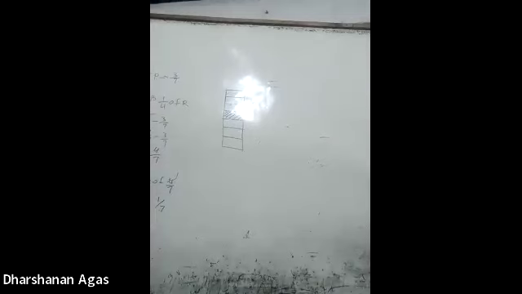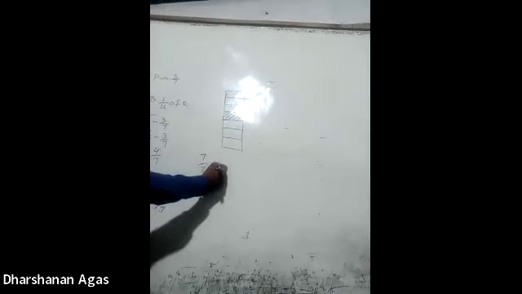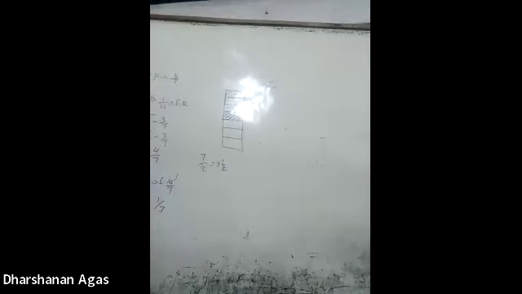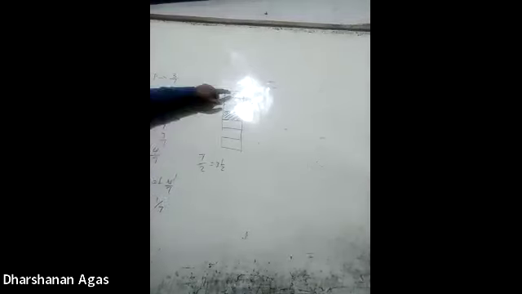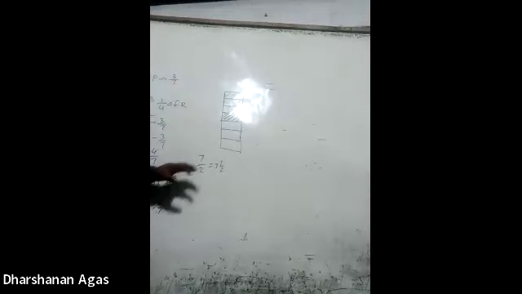Half of the 7 is what? Half of 7 is 3.5. Then Pradeep must own more than 3.5. If there are 4 portions for Pradeep, then he has more than half of the land. Half of the land means 3.5 portions.